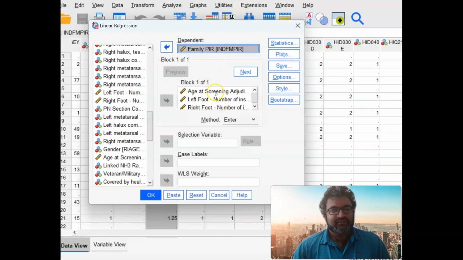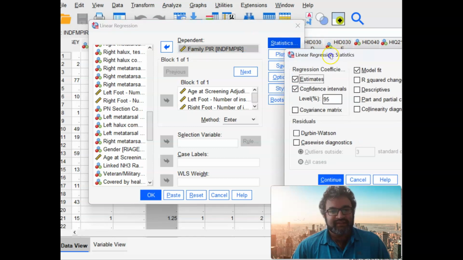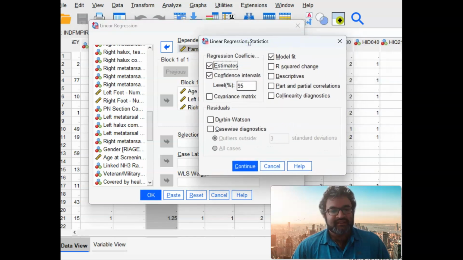So these are predictors and these are outcome variables. Let's take a look at statistics and make sure that everything that's highlighted needs to be highlighted. The estimates, I think confidence intervals was not selected initially, and then model fit. So this is where you would find the R-squared, adjusted R-squared.